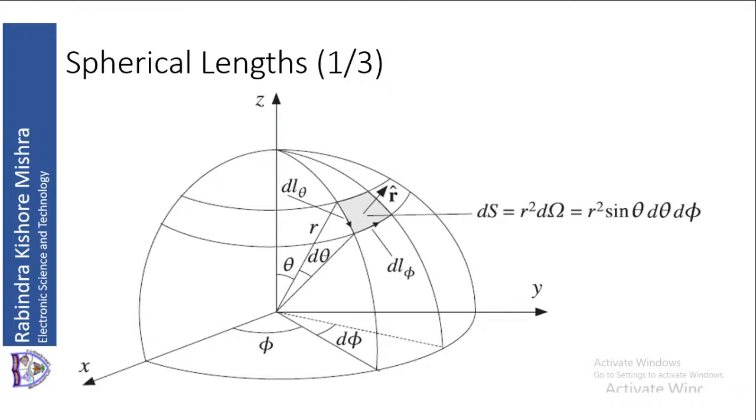What is the ds? ds is the elemental area, and when we discussed solid angle, there we discussed what is d omega. ds by d omega is equal to r square, or ds is equal to r square d omega. In the case of angle, dl or l is equal to r theta. Here in the 3D case, ds is equal to r square d omega. D omega is equal to sin theta d theta d phi.